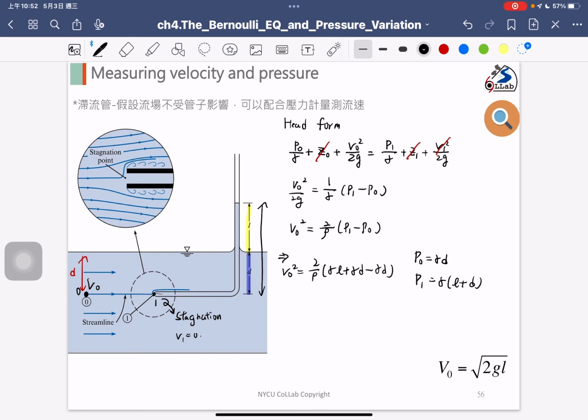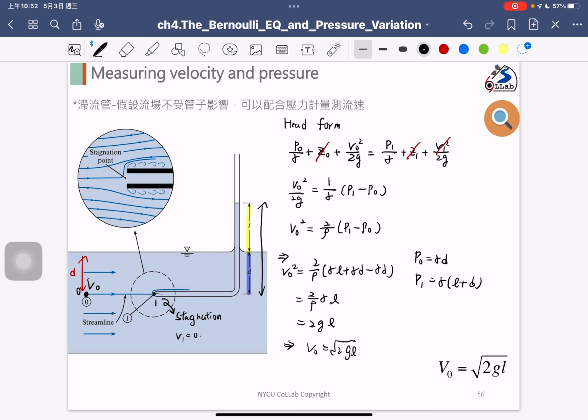So the gamma D will cancel out. Inside you only have 2 over rho and gamma L, and finally you have 2gL. So you actually know V0 will equal the root of 2gL.